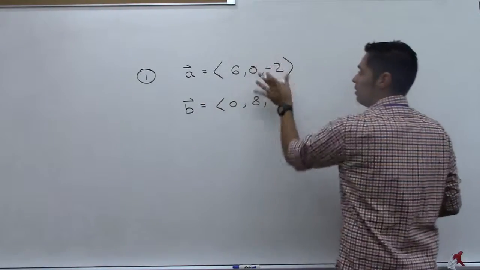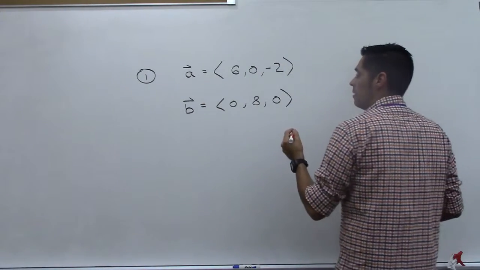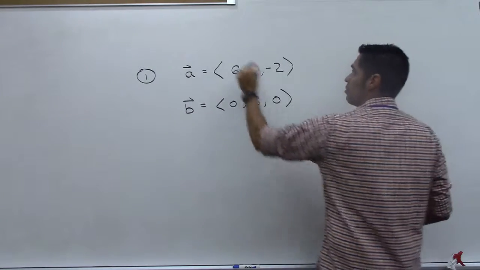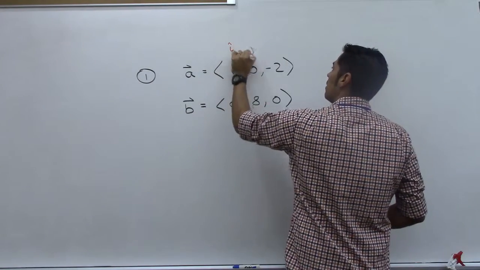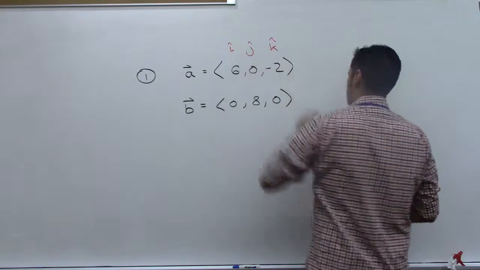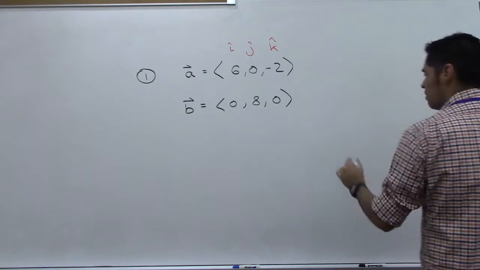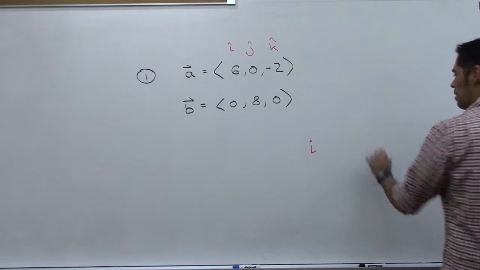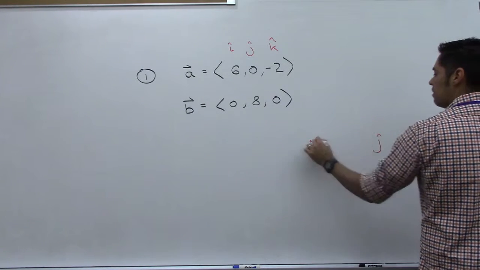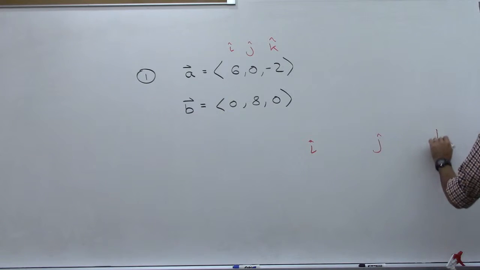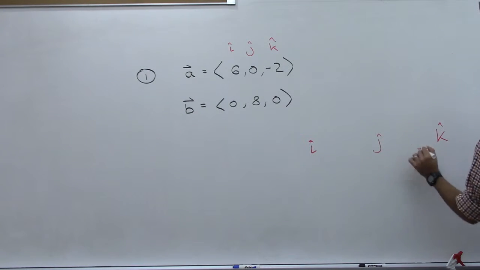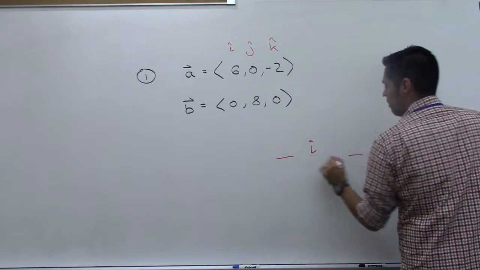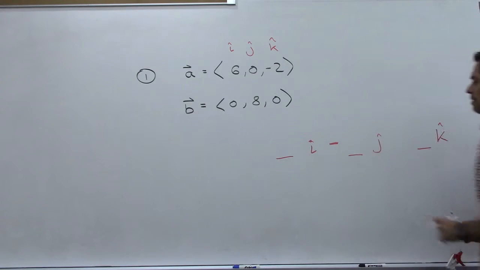Line them up, one on top of the other, is the easiest way to write them so that you can do this little shortcut. I, J, K. So what we're going to be trying to do is figure out what I is, then what J is, and then what K is. And we're going to try and find these coefficients in front, remembering that this will be a minus.